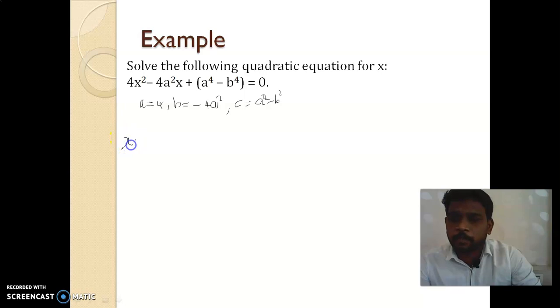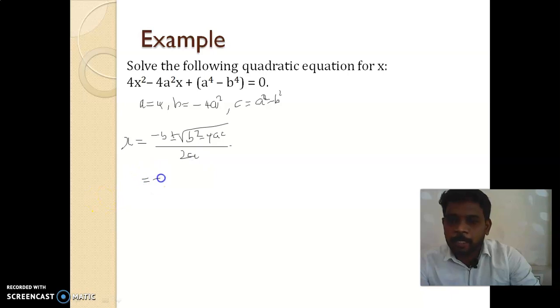Right, now substitute in the formula. So x equal to minus b plus or minus root of b square minus 4ac by 2a. Now substitute here. So minus of minus 4a square, plus or minus square root of b square, that is minus 4a square whole square, then minus 4ac.